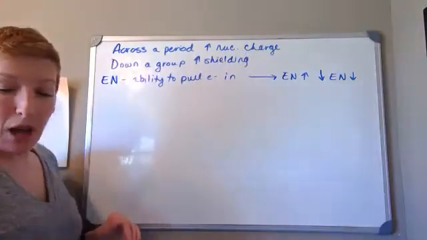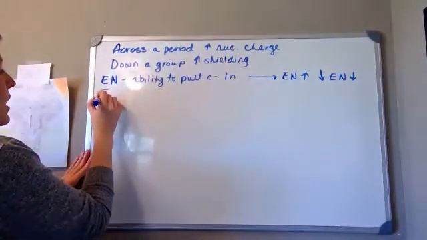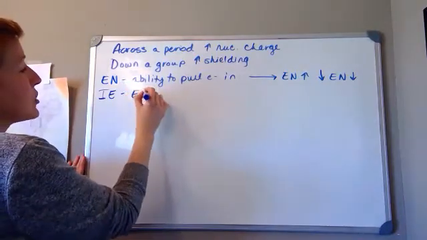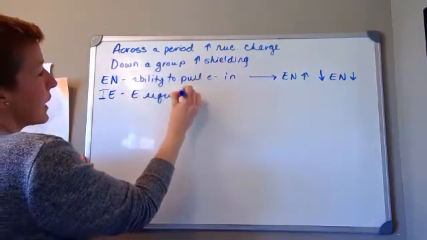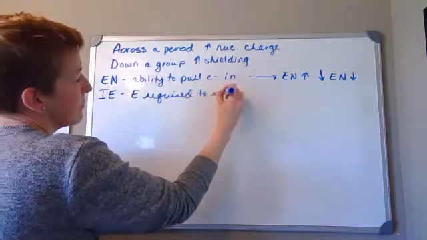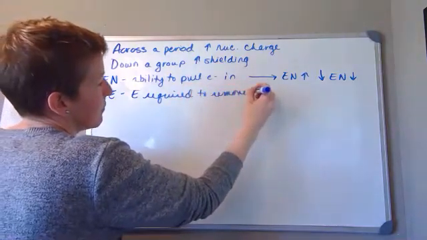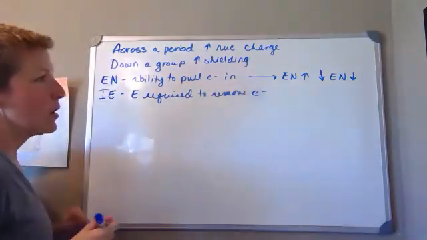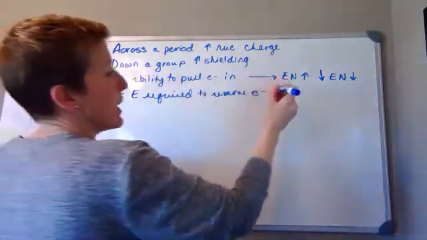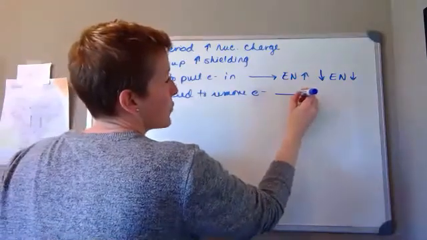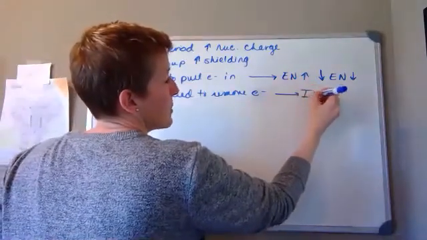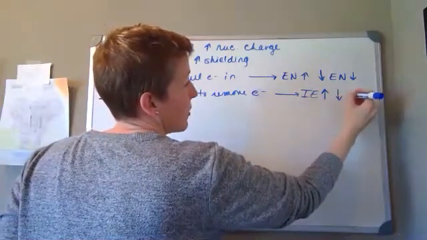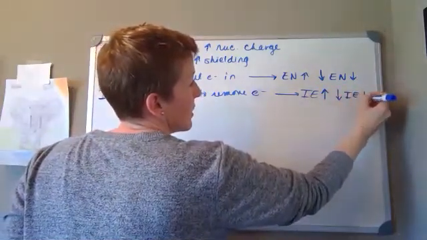Now, let's talk about ionization energy, which I have as IE. That is the energy required to remove an electron. Our electronegativity, as we go from left to right, or not electronegativity, excuse me, ionization energy increases, and as we go from up to down, our ionization energy decreases.